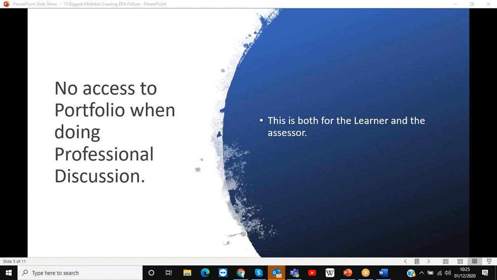Even though I know it's all about them and it's their qualification, having access to that portfolio is going to make them a lot more involved, and I think it in turn brings ownership of the qualification to them, as they can have an active role in that portfolio.